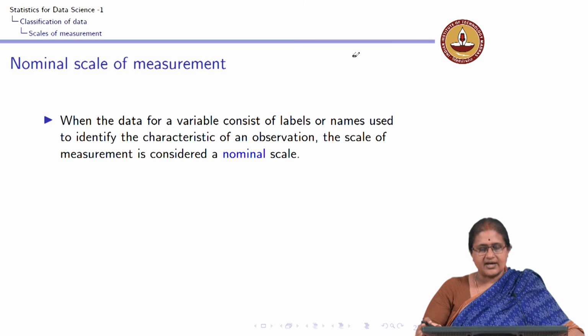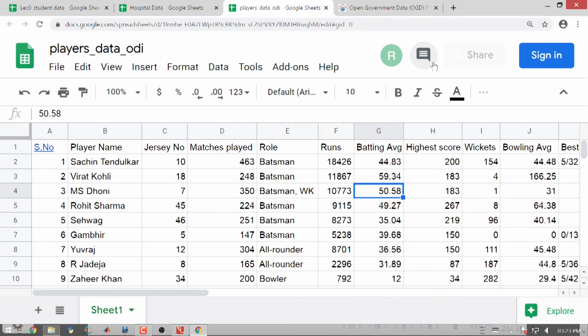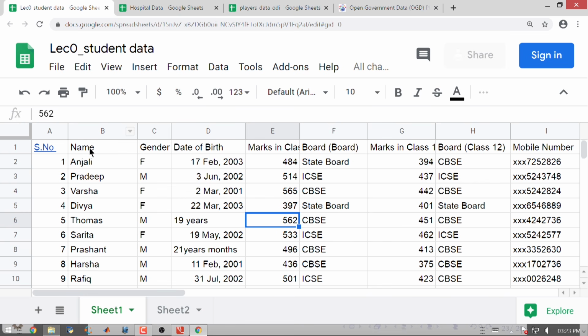When the data consists of labels or names, the scale of measurement is considered a nominal scale. Again, let us go back to our example. You can see in the first example, I have name, which is evidently a nominal scale because it is only names.